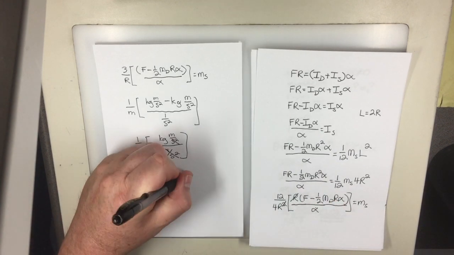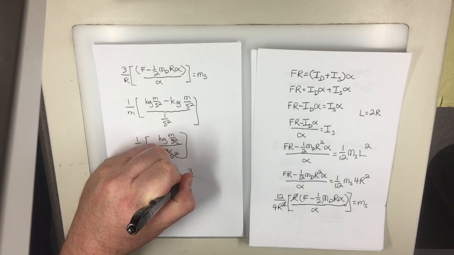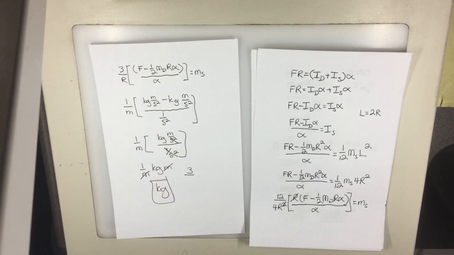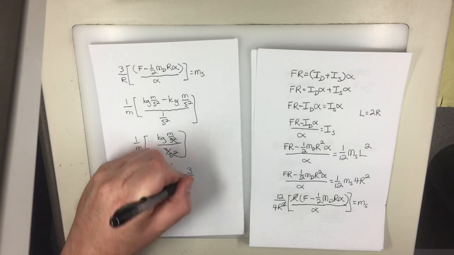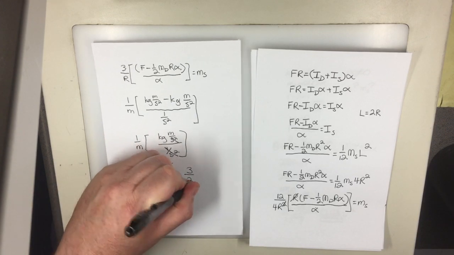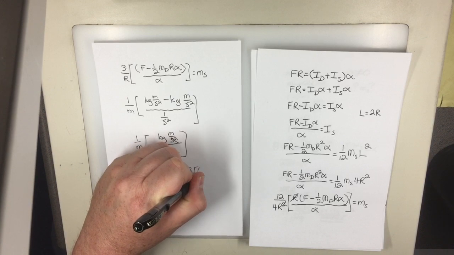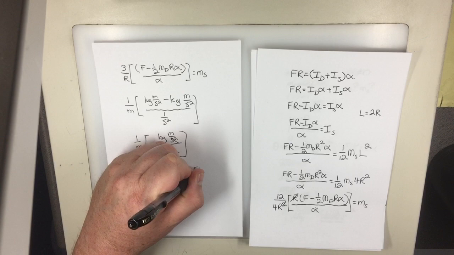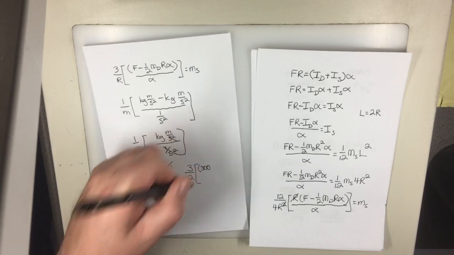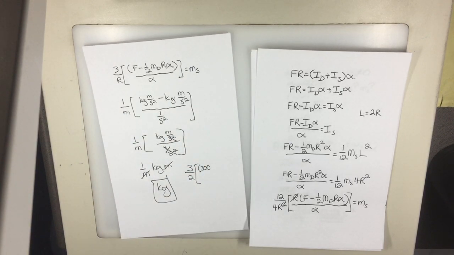Now we plug everything in. 3 over R, in this case R is 2. F in this case is 300 newtons. Coincidentally, it's the same number of rotations.